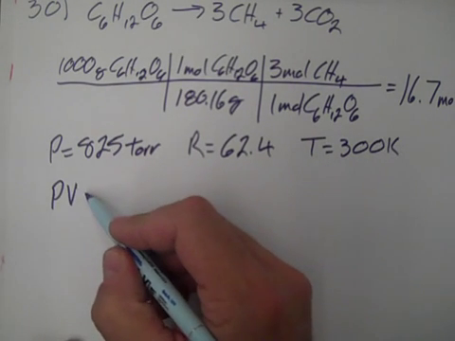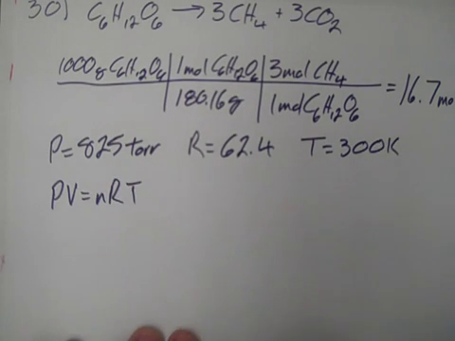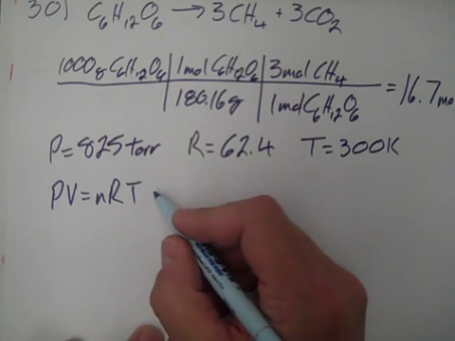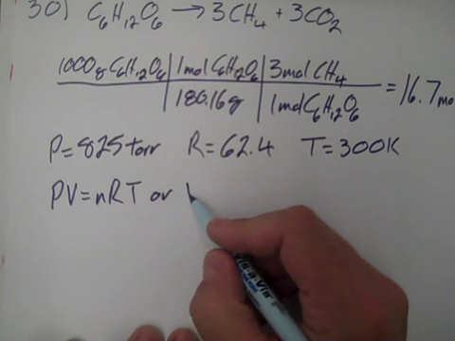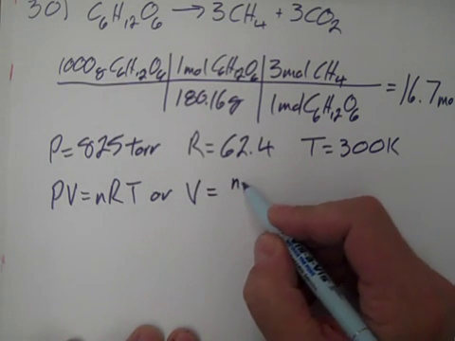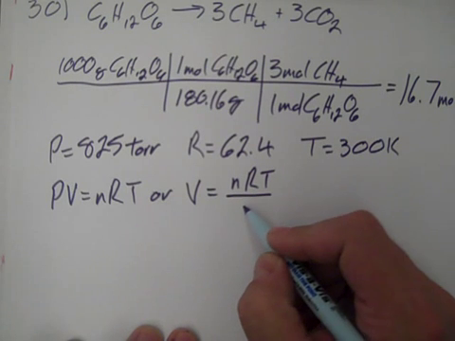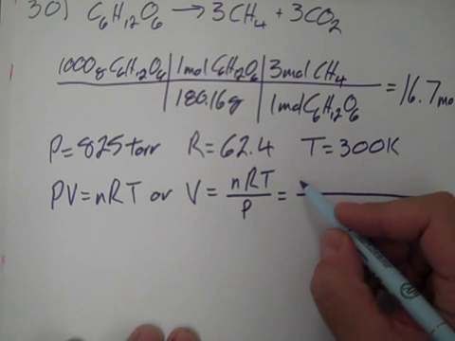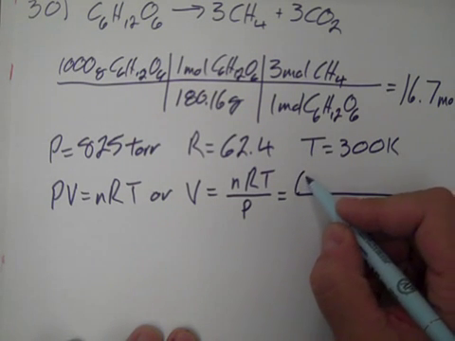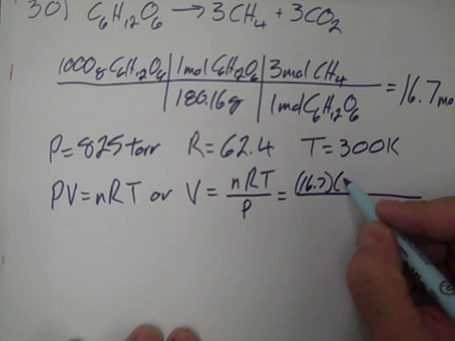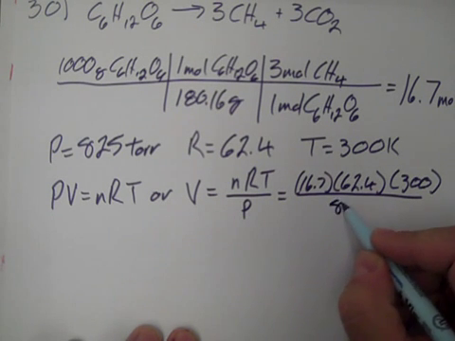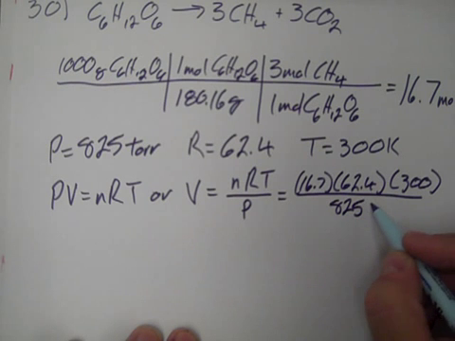So the ideal gas law, PV equals nRT, I'm looking for the volume of this methane. So that simplifies to be volume equals nRT over P, which is number of moles, 16.7, times R, 62.4, times T, 300, divided by pressure, which was 825 torr.